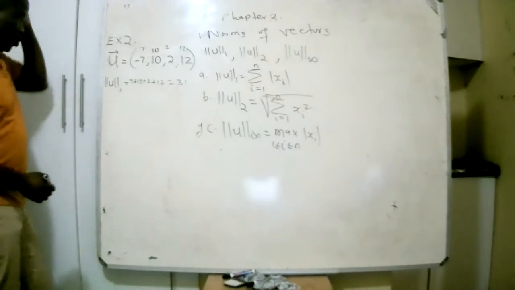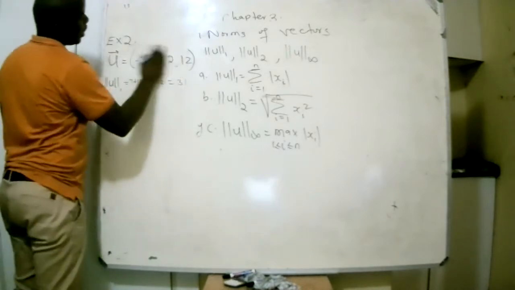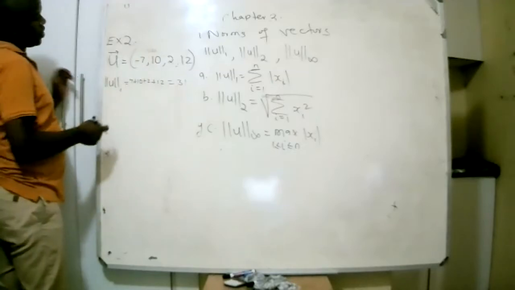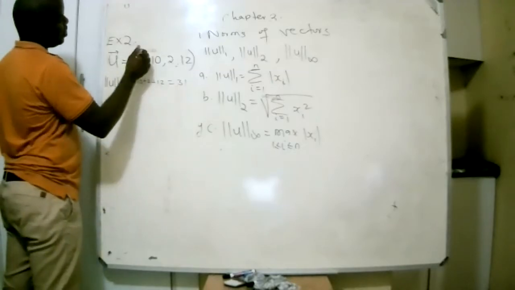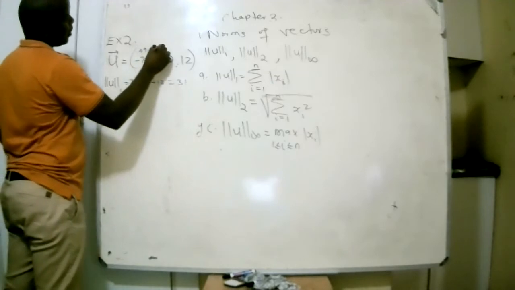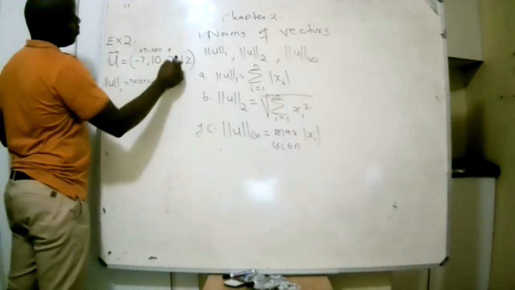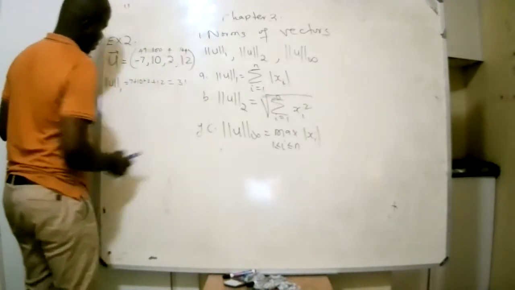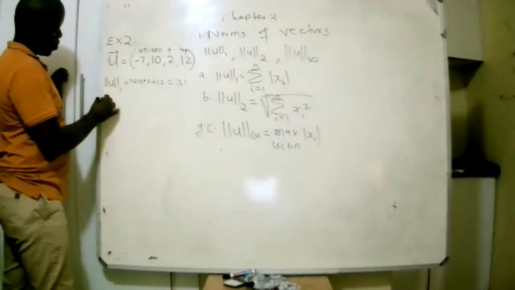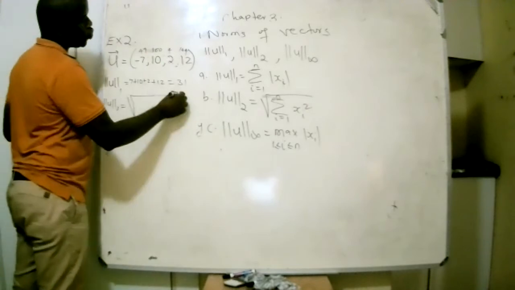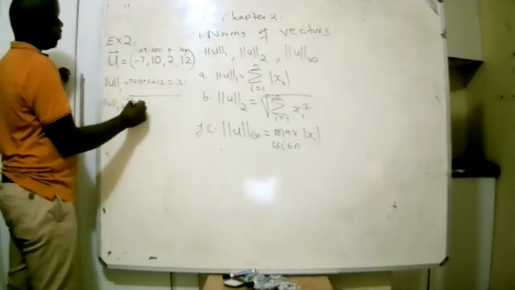So let's do norm 2. So how are we going to get norm 2? We will have to square these values first. The square of -7 is going to be 49. The square of 10 is going to be 100. Square of 2 is going to be 4. Square of 12 is 144. And then from there, we can have norm 2, which will be given by the root of the summation of these values.